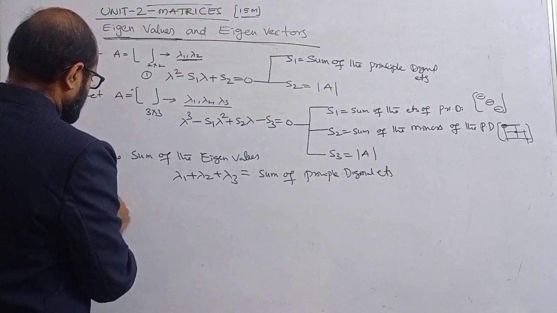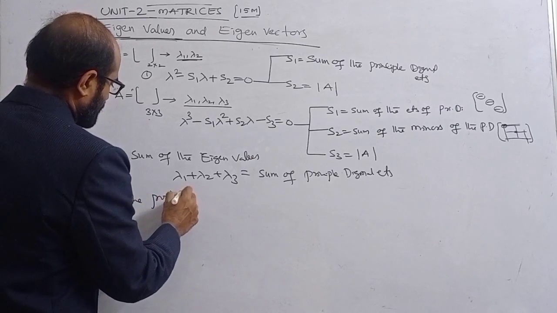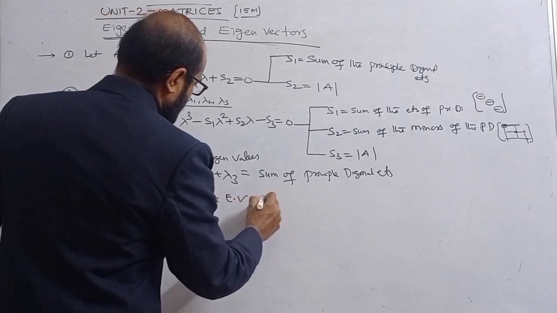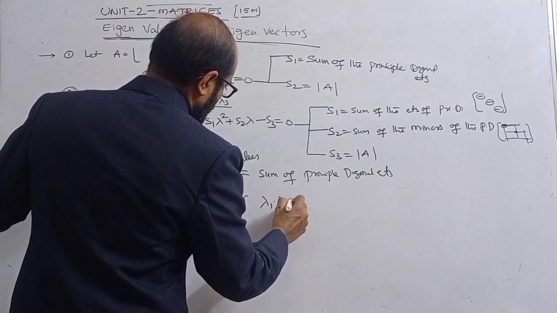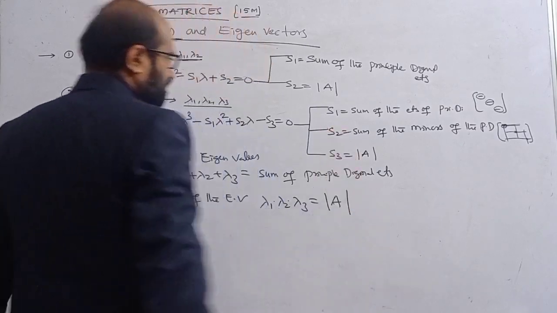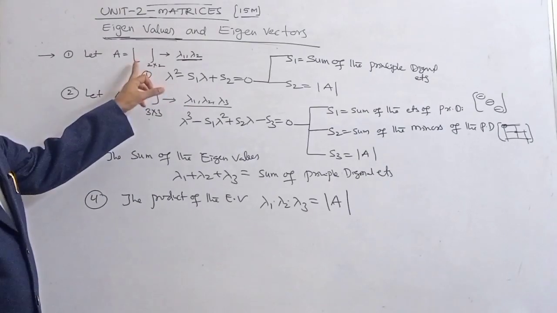And the fourth one is the product of the eigenvalues: lambda 1 into lambda 2 into lambda 3 is nothing but the determinant of the given matrix, right? These are the 4 formulas.